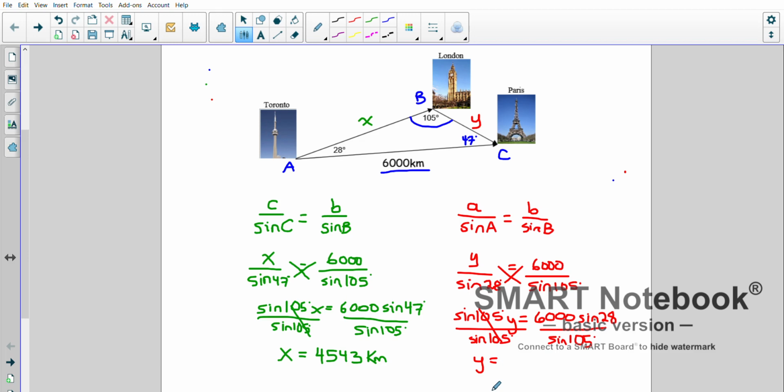So 6,000 times sine 28, hit the equal sign, divide that by sine 105, make sure your calculator is in degree mode, and you get 2,916.